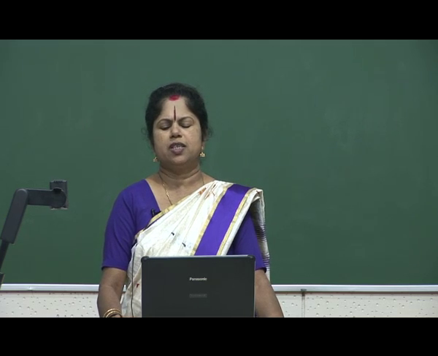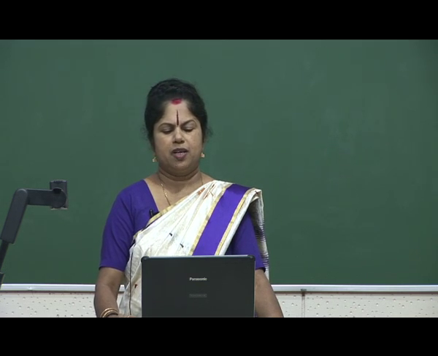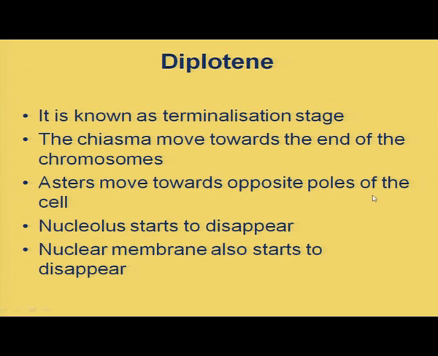Chiasma move towards the end of the chromosome, to the terminals. Asters move towards the opposite poles of the cell. Nucleolus starts to disintegrate. The nuclear membrane also starts to disappear, not totally disappeared, the disappearance is starting.